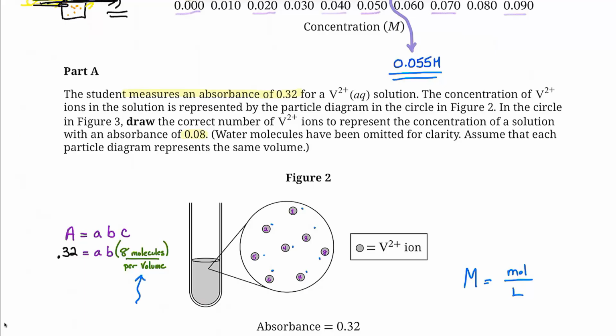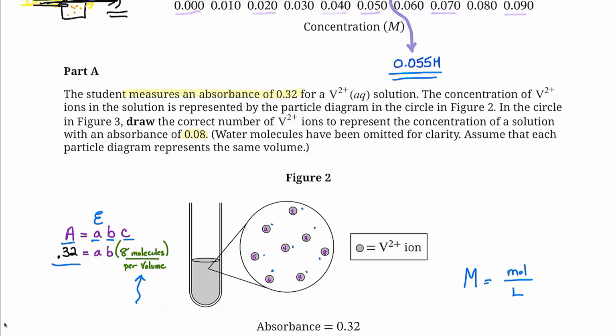And notice I have my formula, A equals ABC, except sometimes I write that A as this funky epsilon here for the absorptivity constant. But the bottom line here is that they're getting an absorbance of 0.32, and they're giving us 8 molecules per this circular volume.